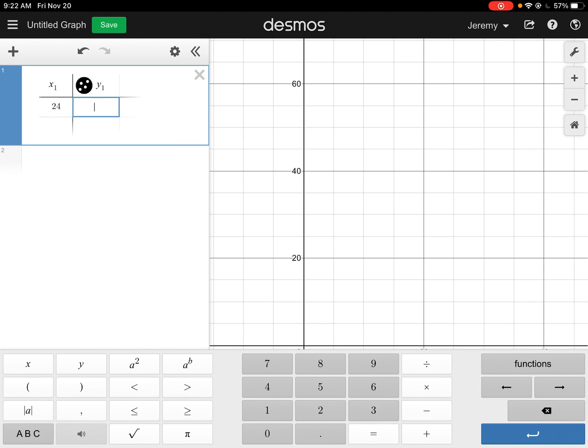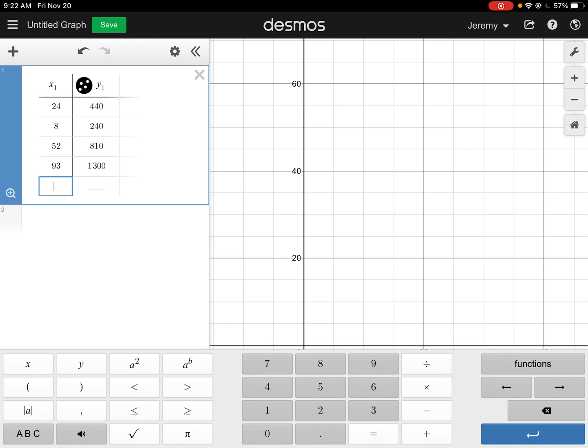So we have 24 and 440. We have 8 and 240. We have 52 and 810. We have 93 and 1300. That is a lot of calories for a burger. 56 and 910.